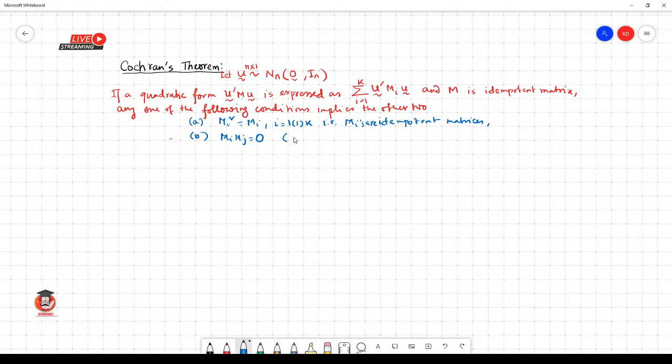And C: rank of M is rank of M_1 plus rank of M_2.